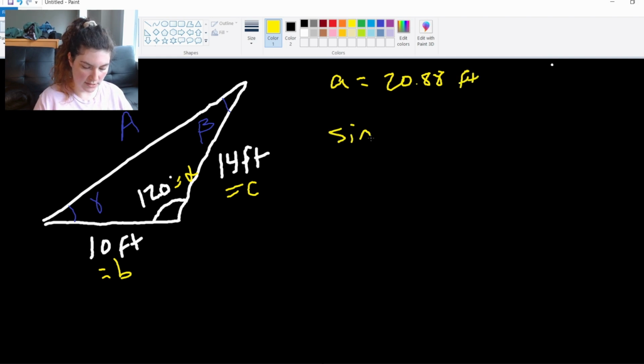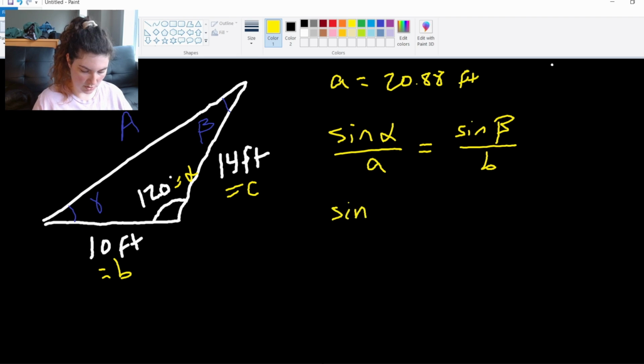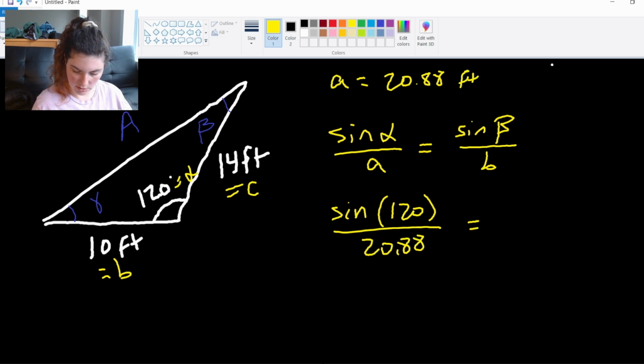So we remember that sine of alpha over A equals sine of beta over B. So sine of 120 over our A, which is 20.88, equals sine beta over our B value, which was 10.